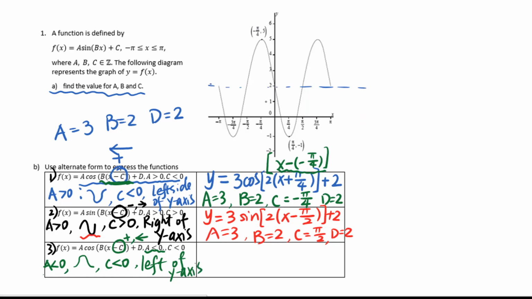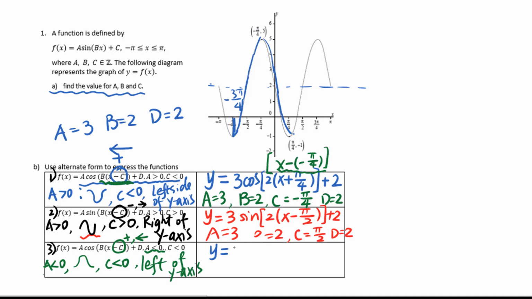So on the left side of the y-axis, we need the negative cosine pattern. It will be like this. So this is the starting point, negative 3 pi over 4.